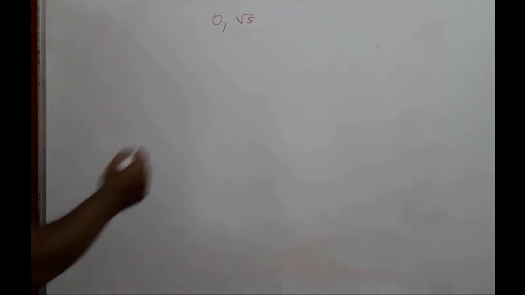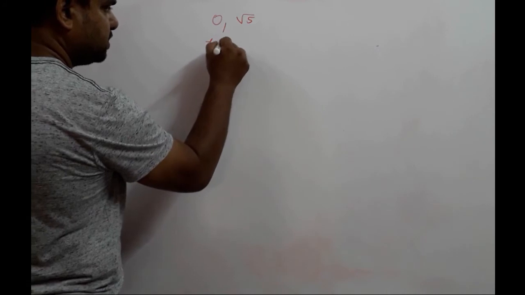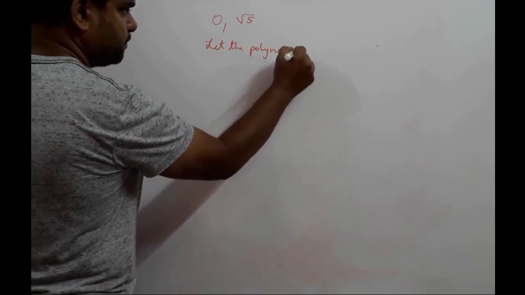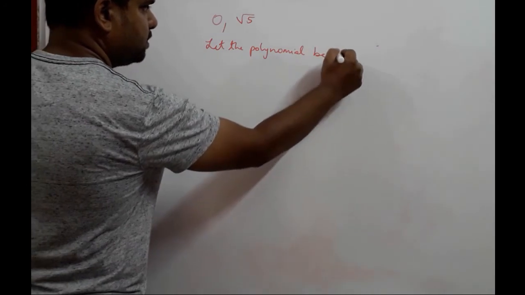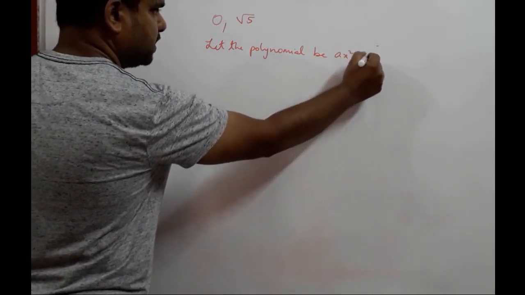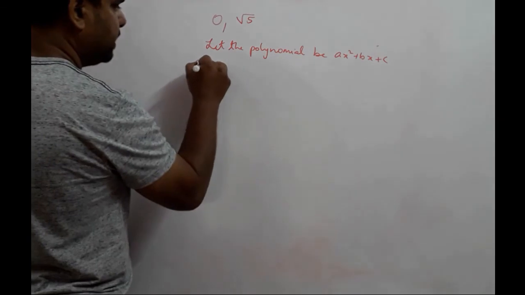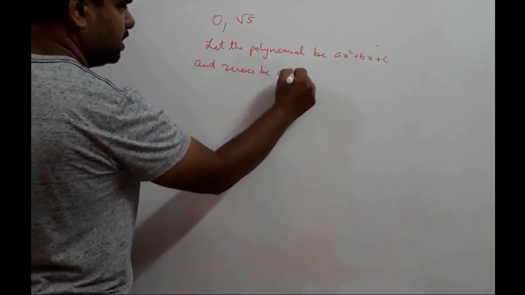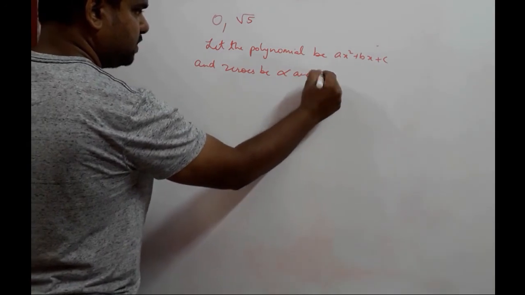It's 0 comma root 5. Once again begin with the assumption. Let the polynomial be ax square plus bx plus c and zeros be alpha and beta.